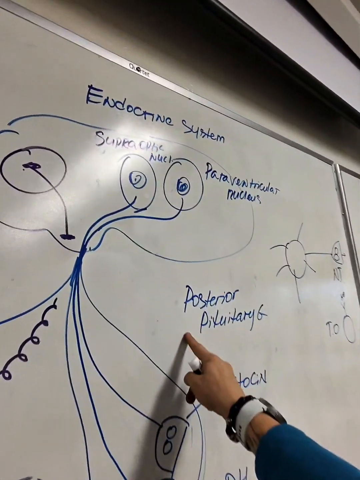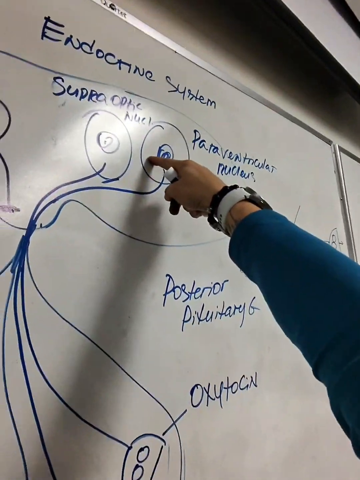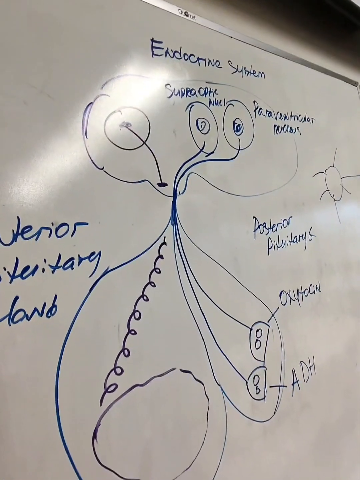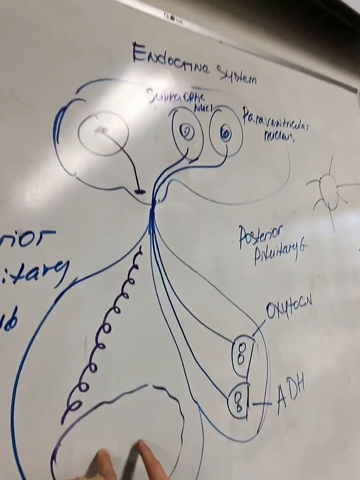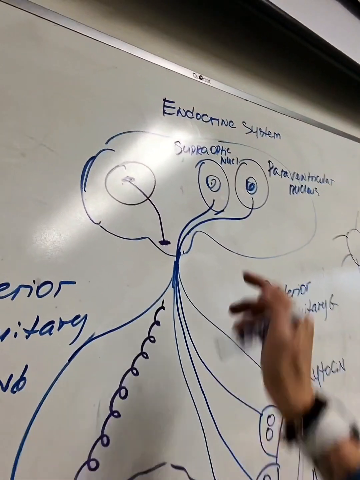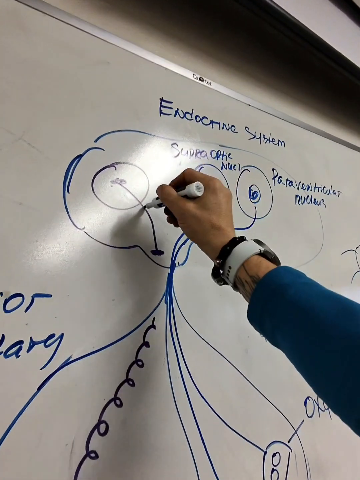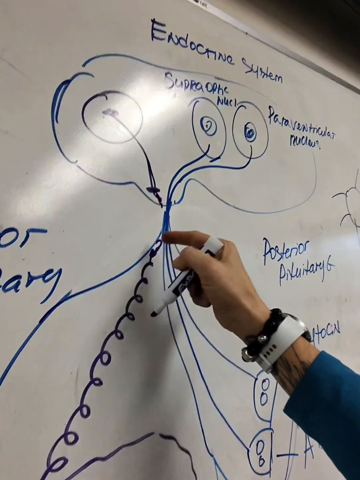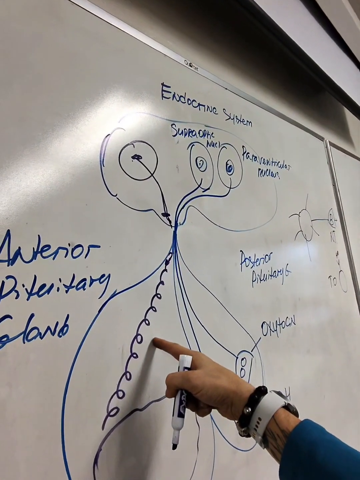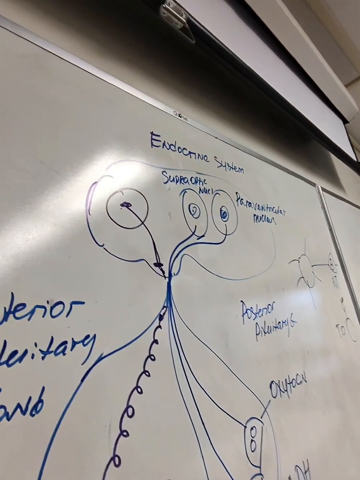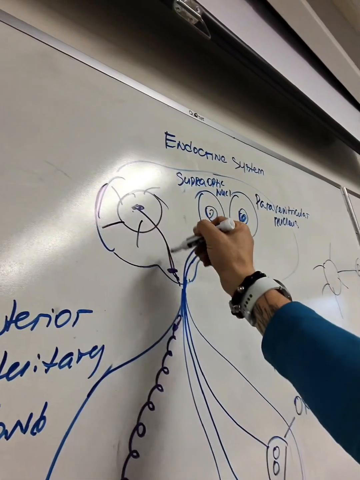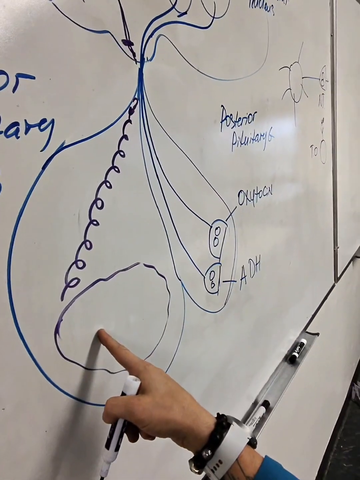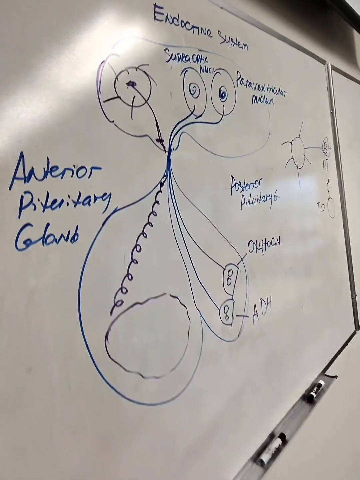Compared to the posterior pituitary gland, where we make hormones here and we store them there, with the anterior pituitary gland, we make hormones here and we keep them here. So there's an axon here that is connected to this vascular system. So when you need to release these hormones, we'll send the message, and that message will travel through the vascular system into the follicles, and we will release hormones.